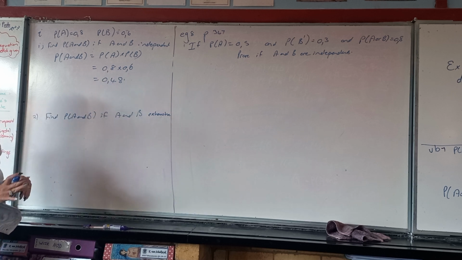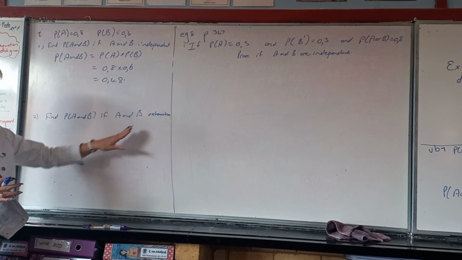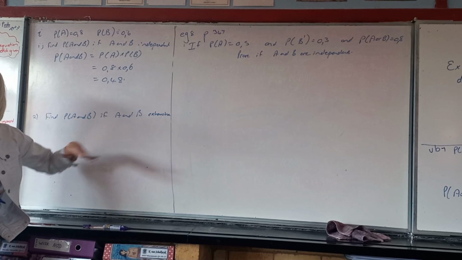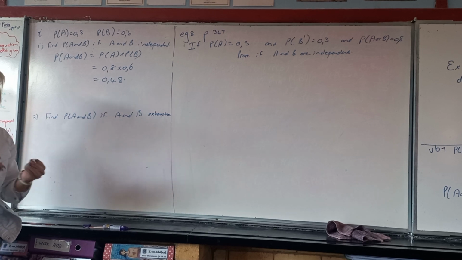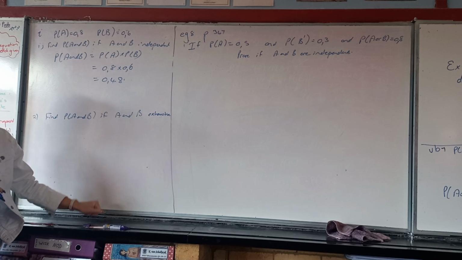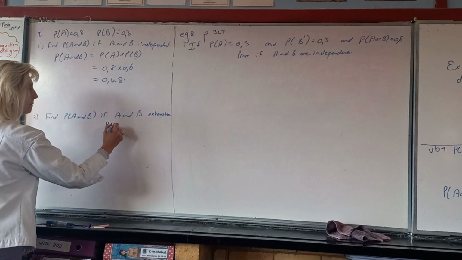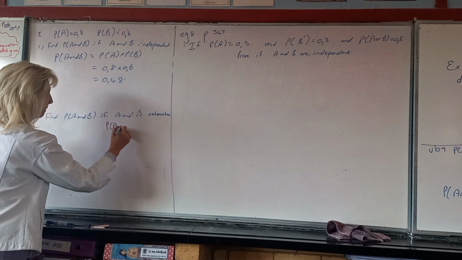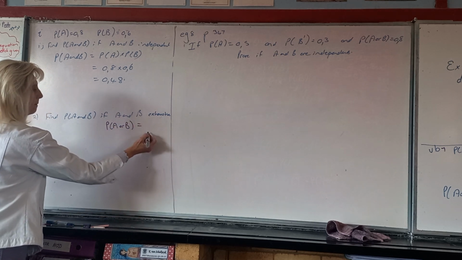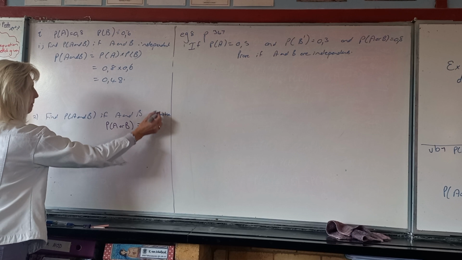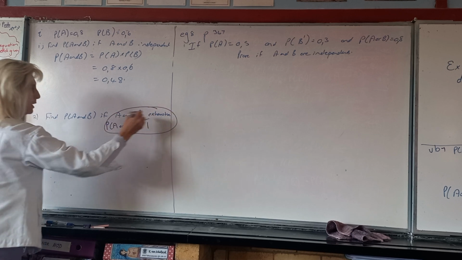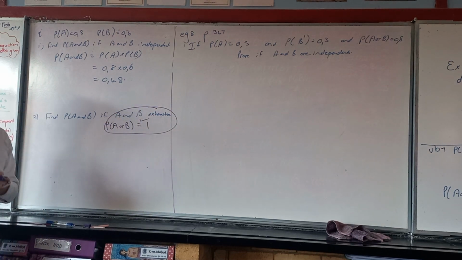But now, please find me P(A and B) if A and B are exhaustive. See, all the rules, what goes where. If A and B are exhaustive, what do you know? P(A or B) is equal to 1. Somewhere you've got to get a mark for knowing that. So how will I find the "and" then?